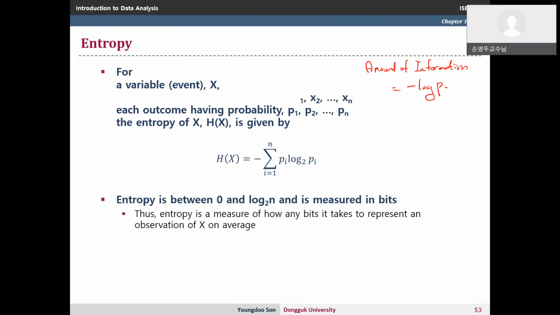Here, entropy for the event X is usually written as H(X), and it is actually the expectation of the amount of information from the outcome of X. Okay.